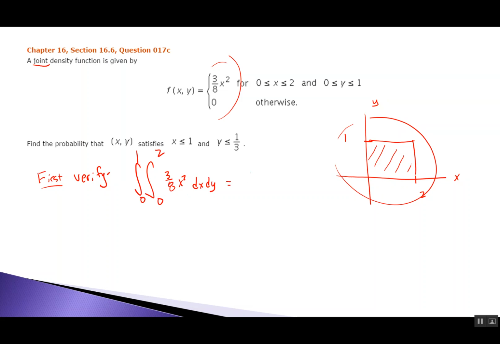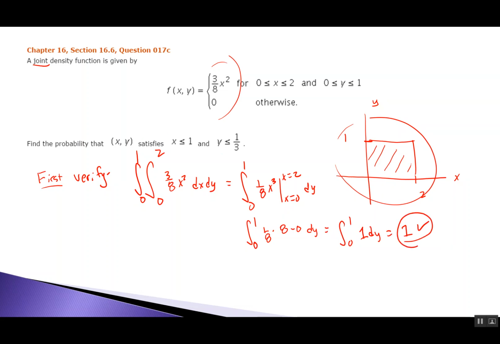If I integrate this, I get 1/8 x cubed, x goes from 0 to 2, dy, which gives me the integral from 0 to 1 of 1/8 times 8 minus 0 dy, which is the integral from 0 to 1 of 1 dy, which is 1. So that's what I need to do: integrate over its entire domain and check that I get a 1.